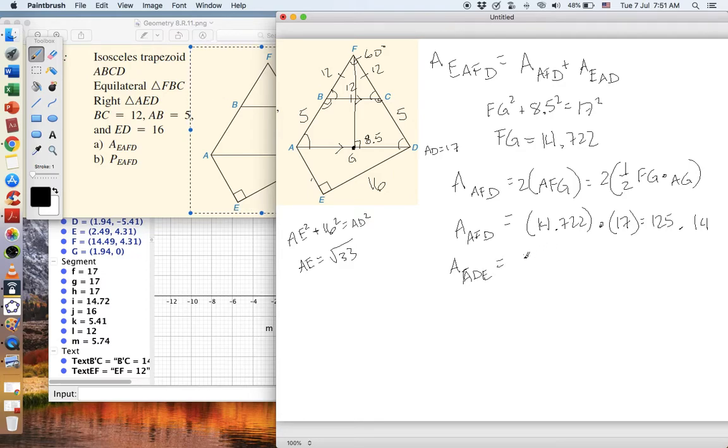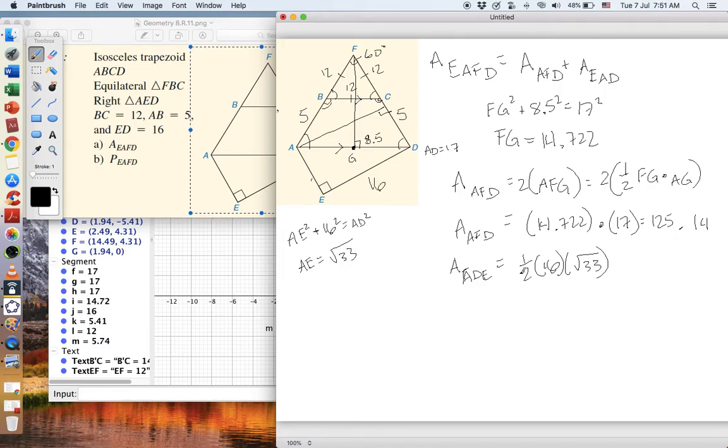And then our area of ADE is equal to 1/2 times 16 times the square root of 33. And if you wanted to imagine that this is a rectangle here, then our area of a rectangle is equal to the length times the width. And then the triangle there, it just cuts these two angles here. And so our triangle on this side is equal to the triangle on this side.